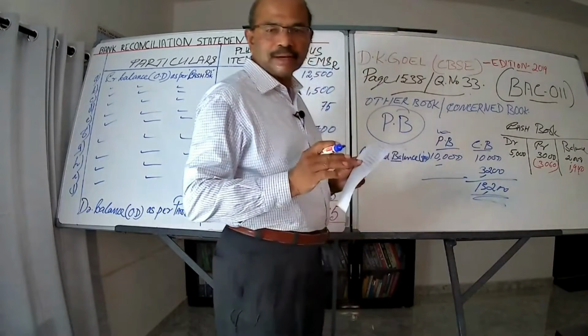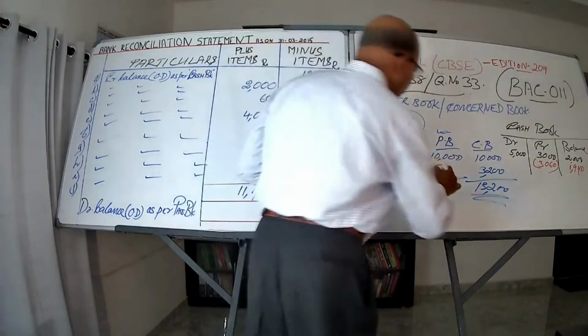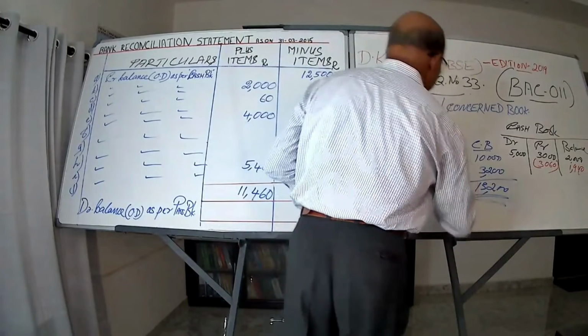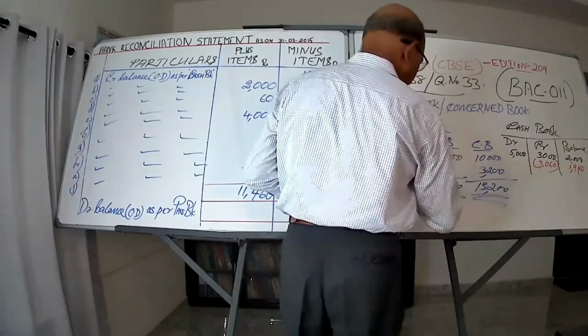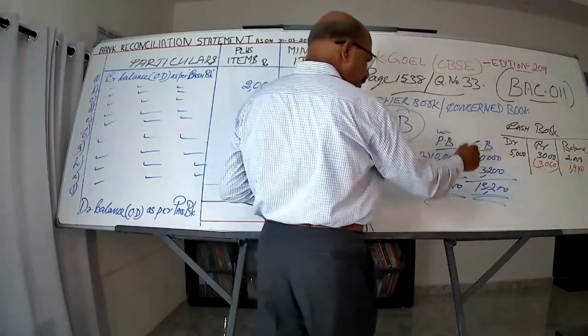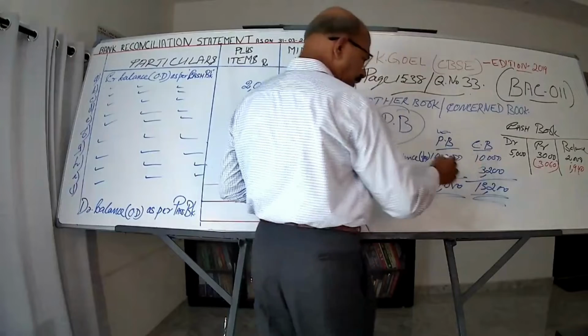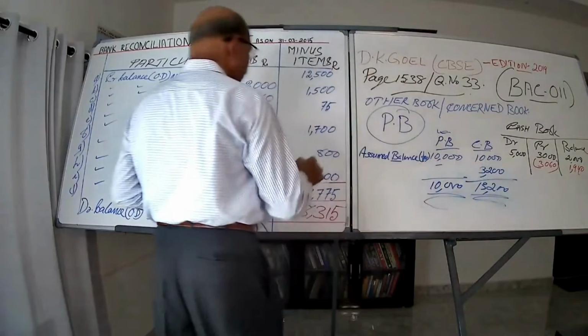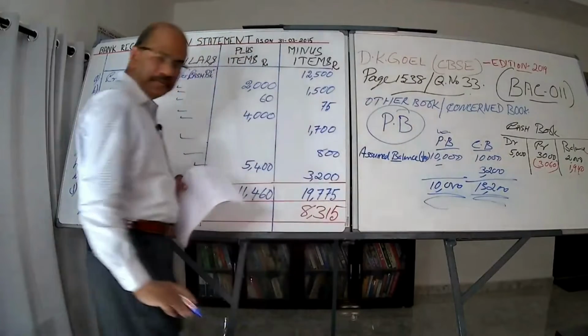Upon clearance only, bank will give me necessary credit. So it is still 10,000 only. So in this book, it's a decreasing effect. In the concerned book, the balance is 10,000, whereas in the base book, 13,200. Invariably on the concerned book, I decide it is less. Hence, I have shown it in the minus items.